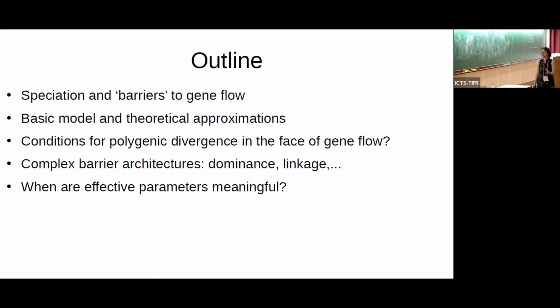And finally, I will try to take a step back and say something about effective parameters like effective population sizes, effective migration rates, because I hope to illustrate that a lot of questions in evolutionary biology, especially when thinking about multiple genes evolving together, can be thought about fruitfully in terms of these effective parameters. Though, of course, there are limitations.